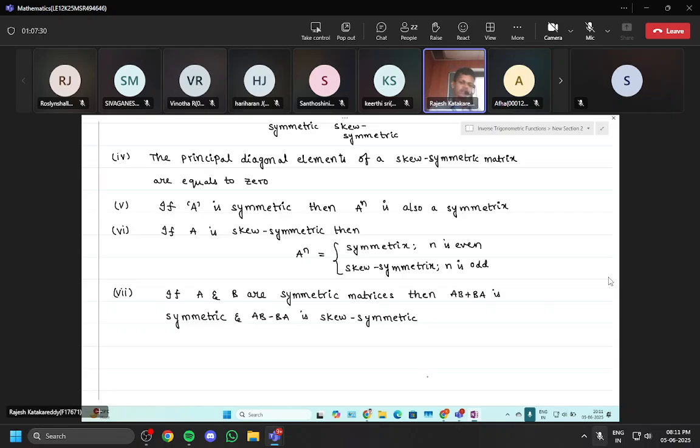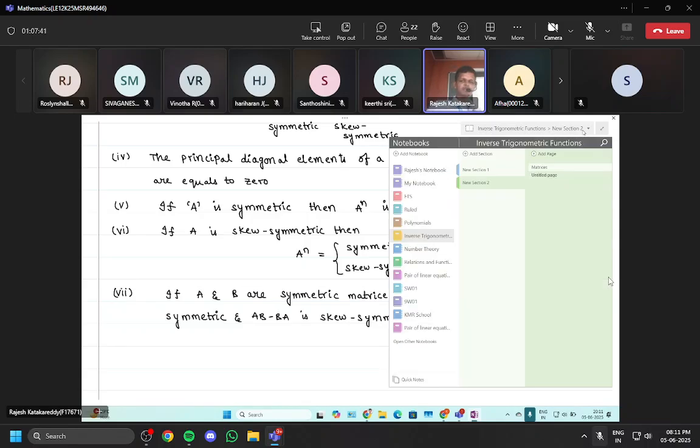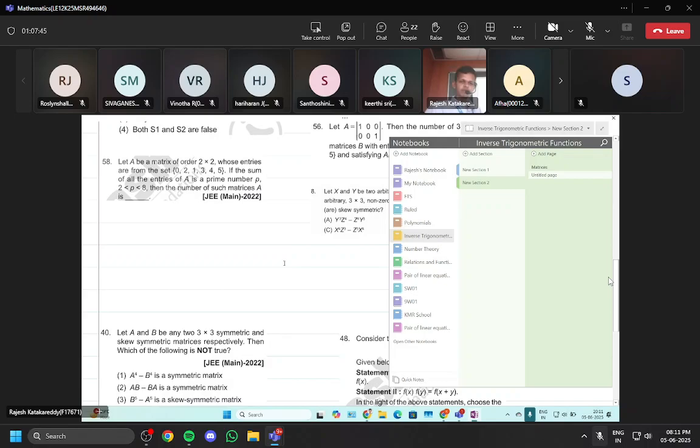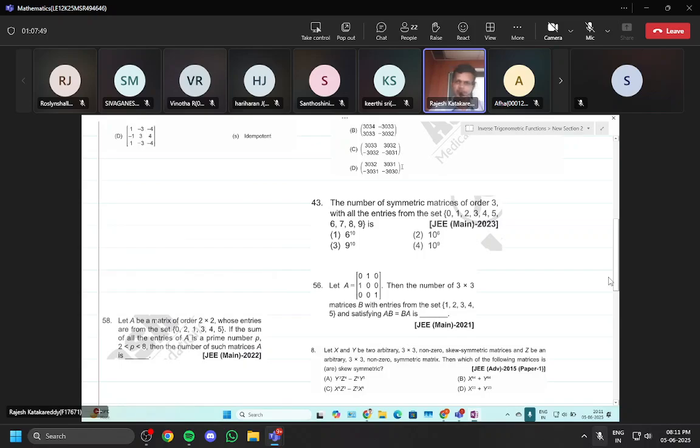We need to verify which of the given statements is true. Using the properties of symmetric matrix and the properties of transpose of a matrix, we need to solve it. 42 is what I said. So let me copy that one.